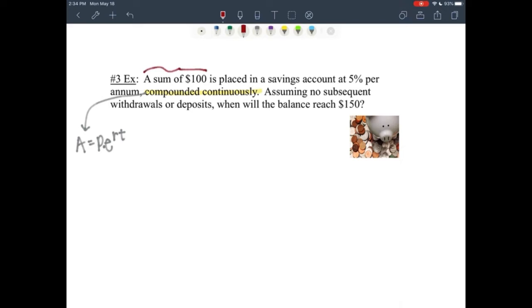So our principal, our initial amount is 100. Our end amount is 150. Our interest rate is 0.05. And the fact that they're asking us when means we do not know what the time is. We don't know how long it is.